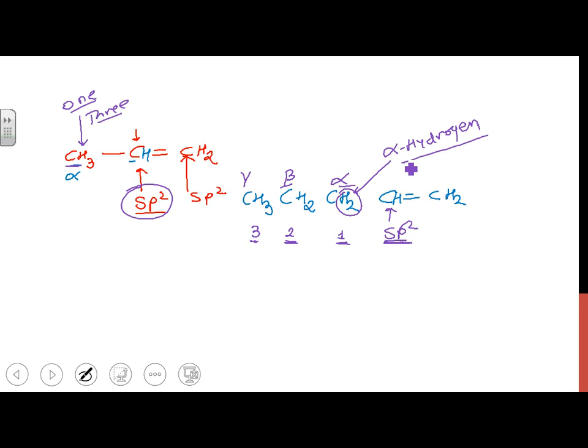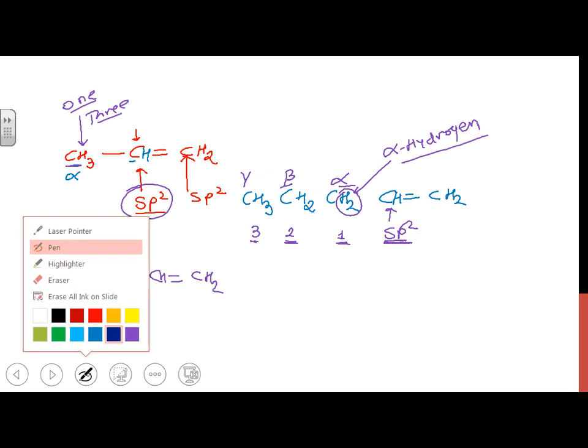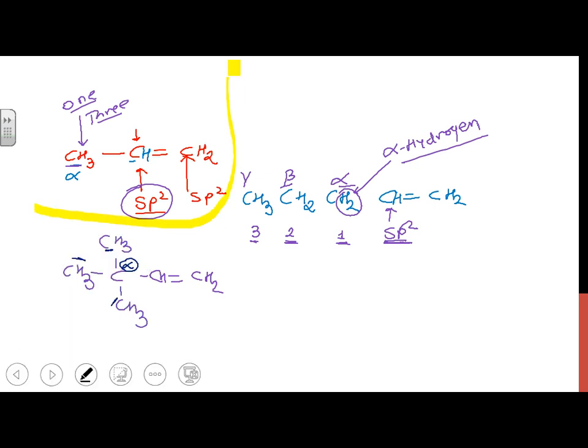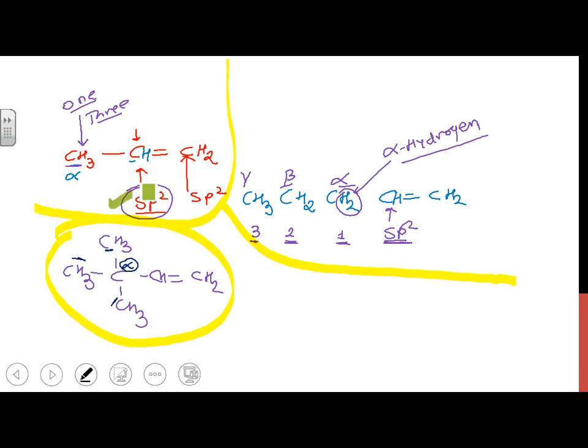Now I have one compound with a double bond. This is the alpha carbon. However, this alpha carbon doesn't have any alpha hydrogen. We had 3 structures: structure number 1, structure number 2, and structure number 3. Structure number 1 has an sp2 carbon, as well as an alpha carbon with alpha hydrogen.